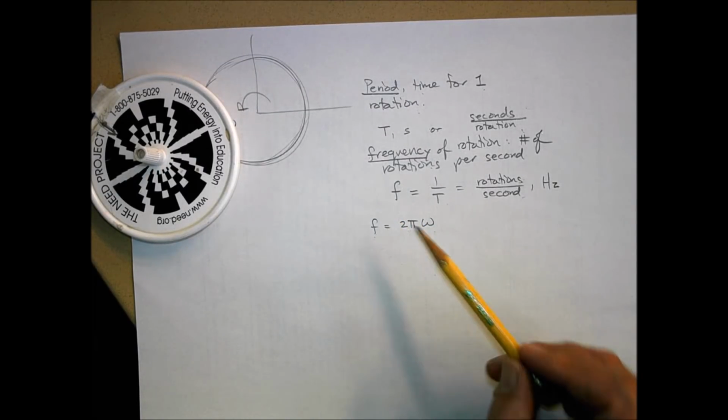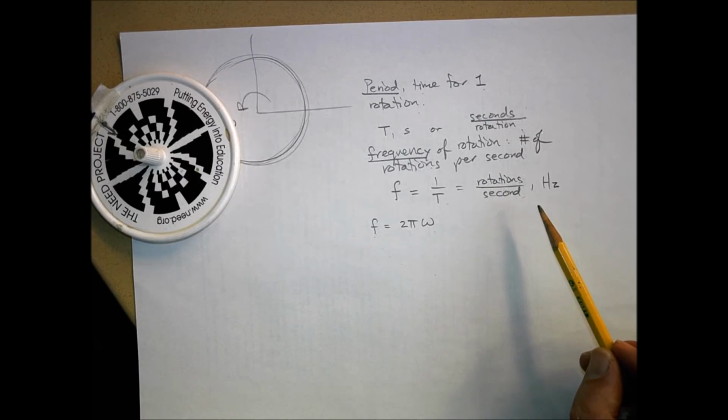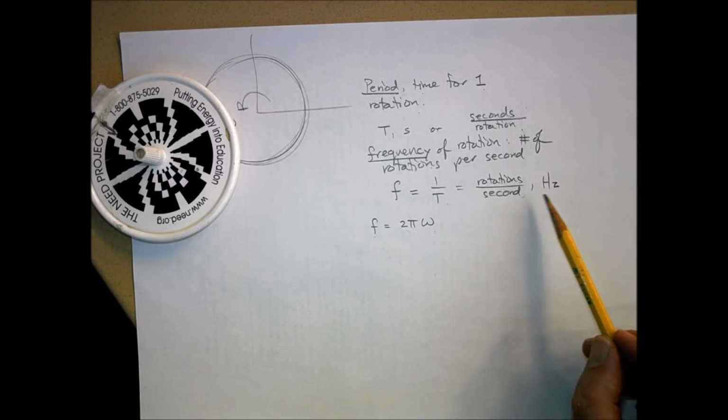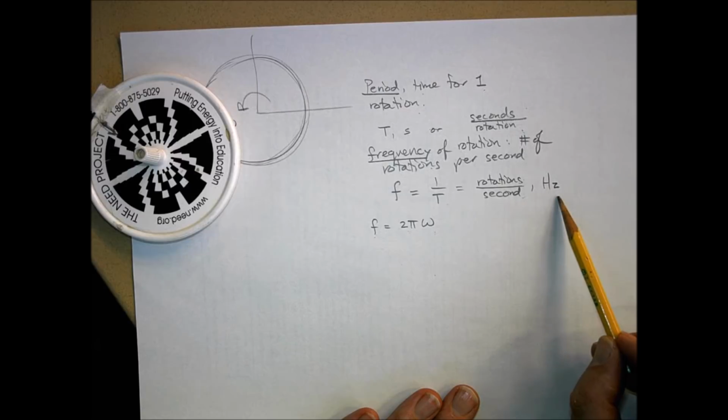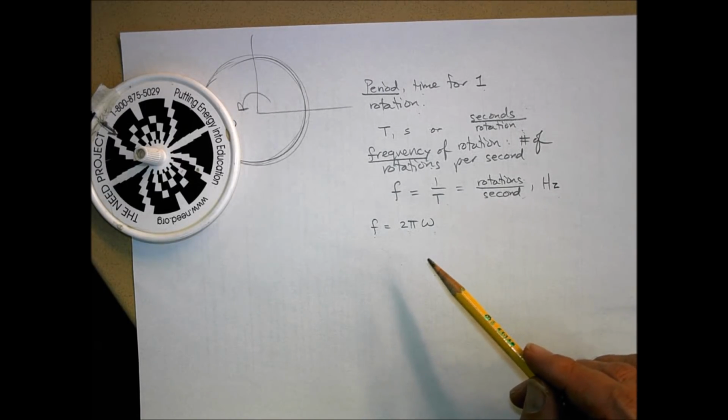Now, a rotation per second has another unit called hertz. You've heard like a Hertz donut? No. Hertz. And Hz is how many cycles or how many rotations you make per second.